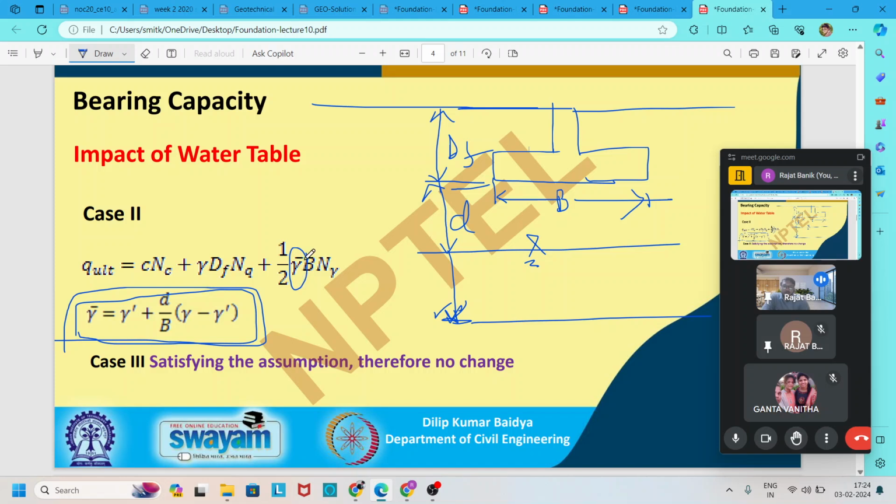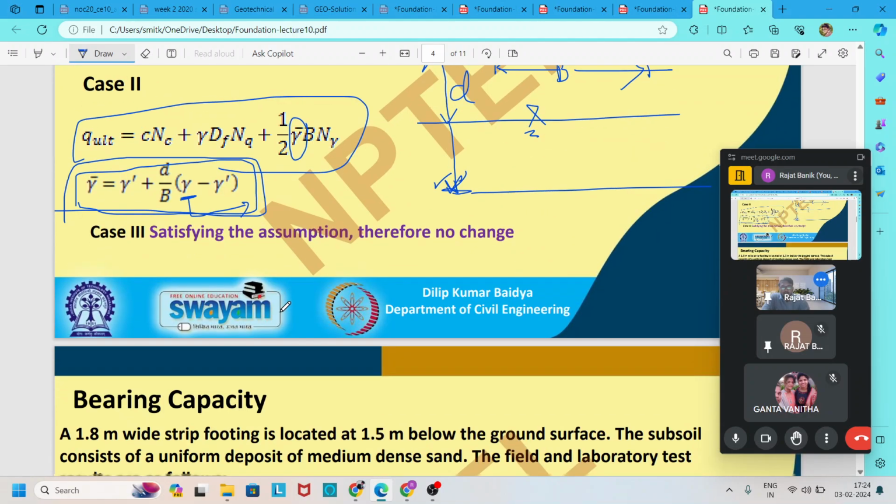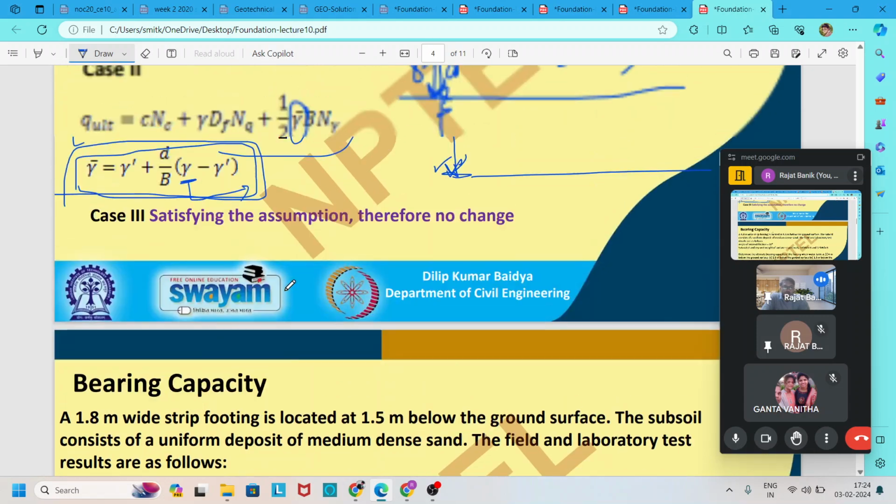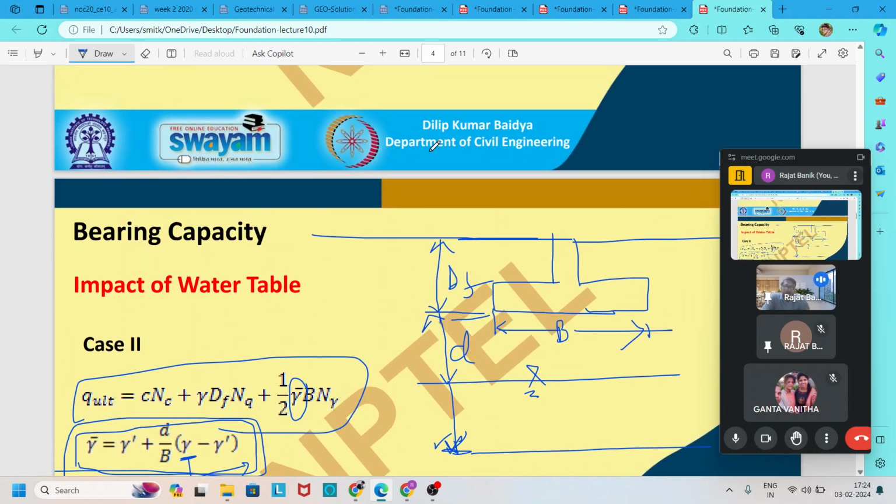We put this gamma bar in our formula, and gamma is the unit weight of the soil without the presence of the water table. You should remember this.